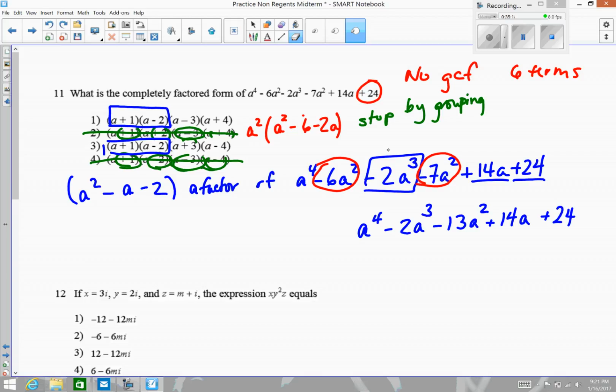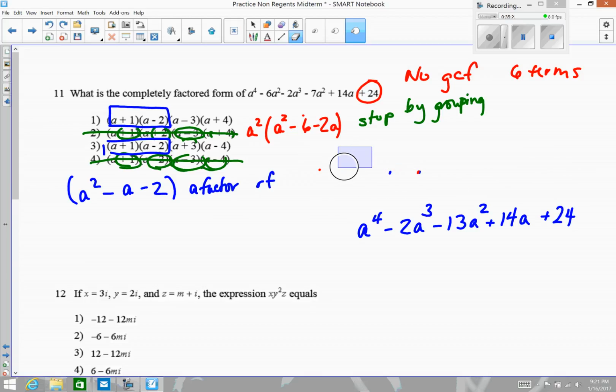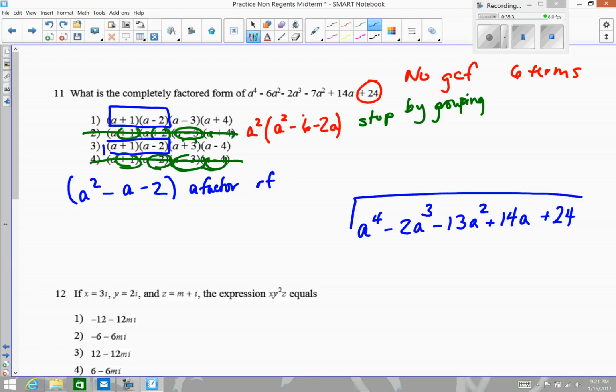What I want to do is take that polynomial and divide it by my known factor of a squared minus a minus 2. So I'm going to go ahead and set up that division. And in order to figure out what my first term is going to be, I need to think, what do I multiply a squared by to get a to the fourth? That's a squared. And I'm going to take that a squared and multiply it by every term.